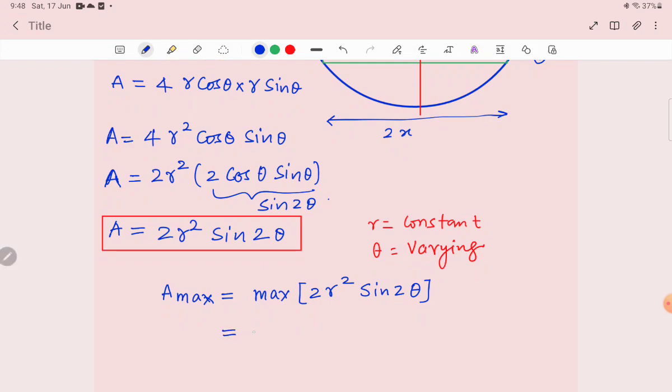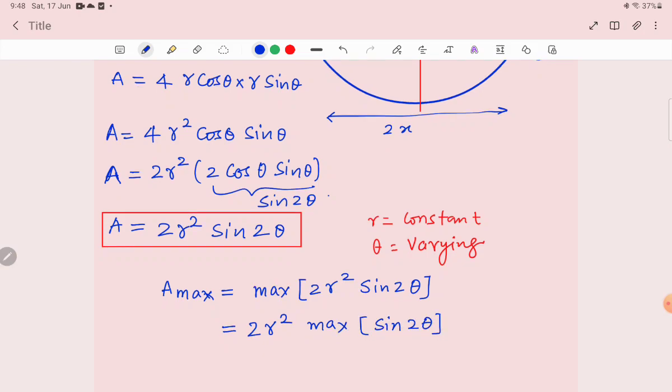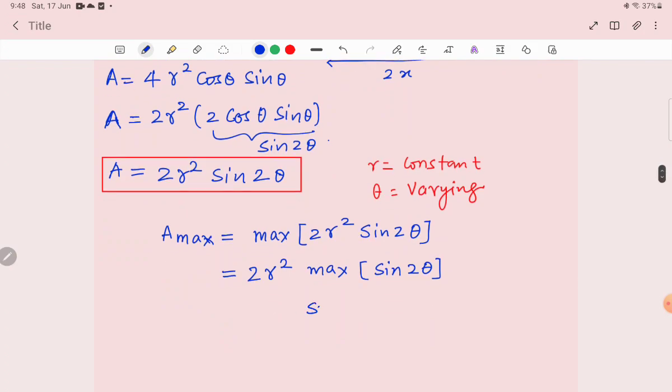Since 2 is constant and r square is constant, we can take 2r square outside and we can write maximum of sine of 2 theta. Now as we know that sine of x varies from -1 to +1, so the maximum value is 1.